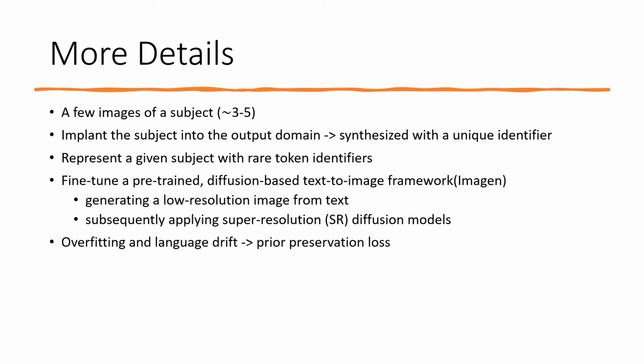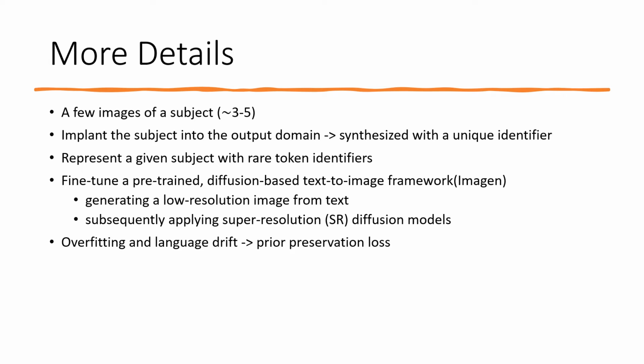In order to prevent overfitting and language drift that cause the model to associate the class name, such as dog, with the specific instance, they use a class-specific prior preservation loss, which leverages the semantic prior on the class that is embedded in the model, and encourages it to generate diverse instances of the same class as their subject, like in different scenes, while keeping their key identifying features such as the dog nose.